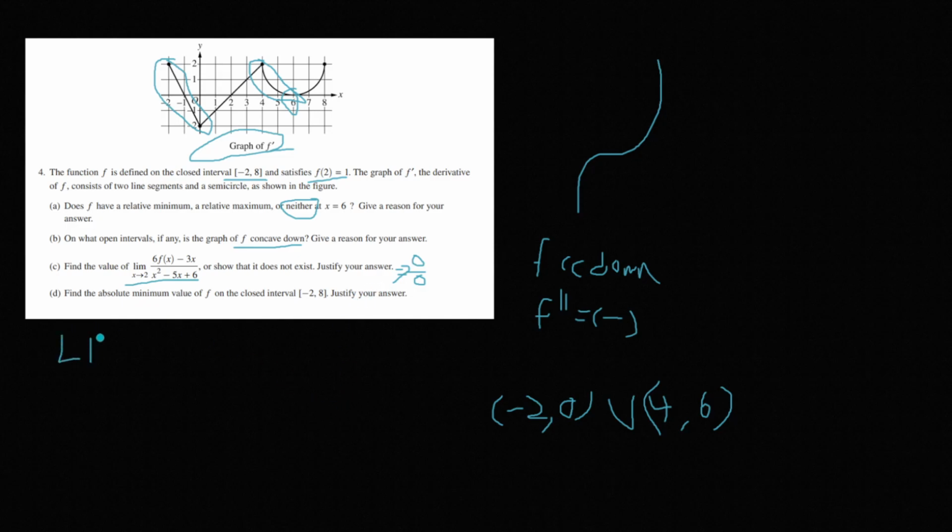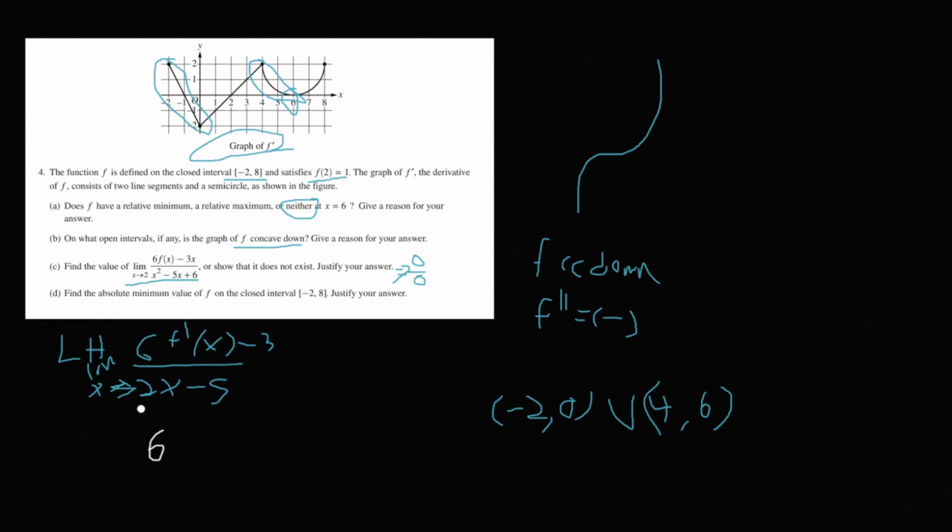So I'm going to write LH so they know I use L'Hopital's rule. And so it's going to be 6 f prime of x, not f of 6, f prime of x minus 3, over 2x minus 5. And we're going to do the limit as x goes to 2. And now we can start substituting in values, and we're just going to leave it at that.